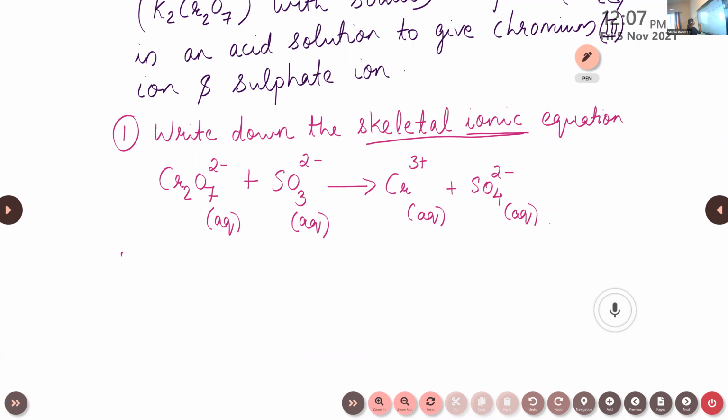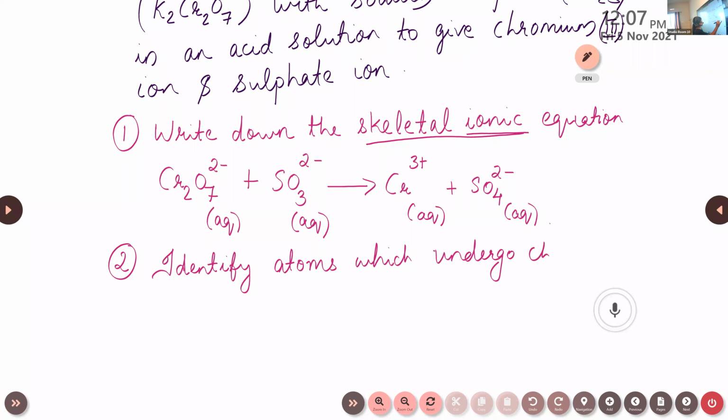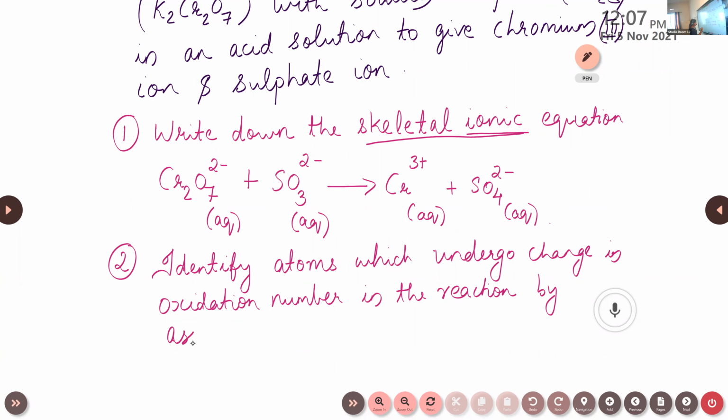Then second step, you can write: identify atoms which undergo change in oxidation number in the reaction by assigning oxidation number to all elements.